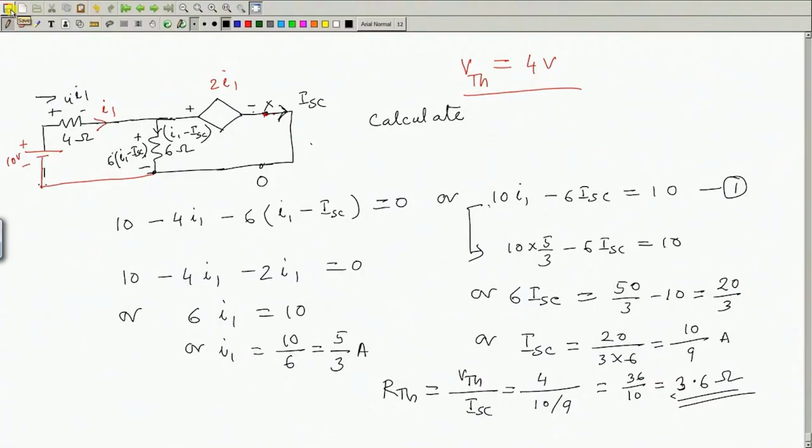Okay. Anyway, go through this small exercise, try to solve it on your own, and then it will be much clearer to you what exactly you have to do while calculating currents in various branches of a circuit having both dependent and independent sources.